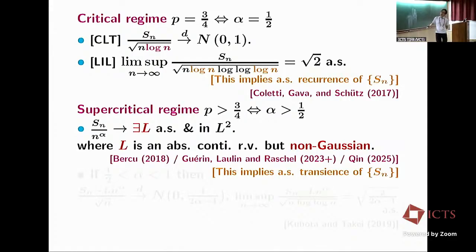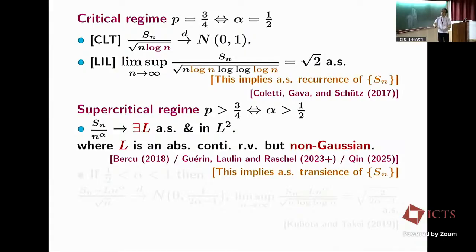The limiting variable is absolutely continuous, but non-Gaussian. This statement was proved in a series of papers by different authors. In particular, L doesn't have a point mass at 0, so this implies almost sure transience of the elephant.